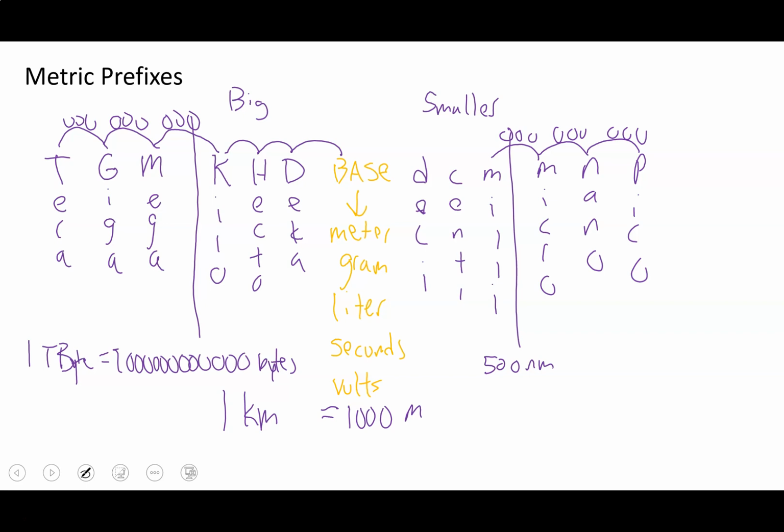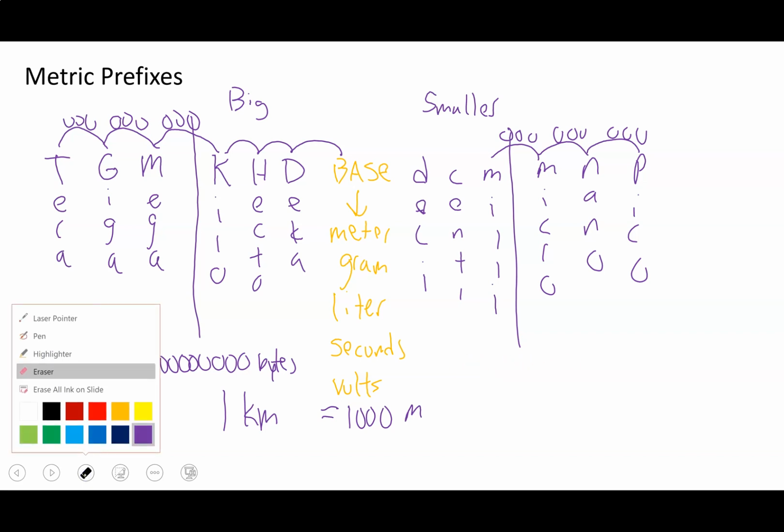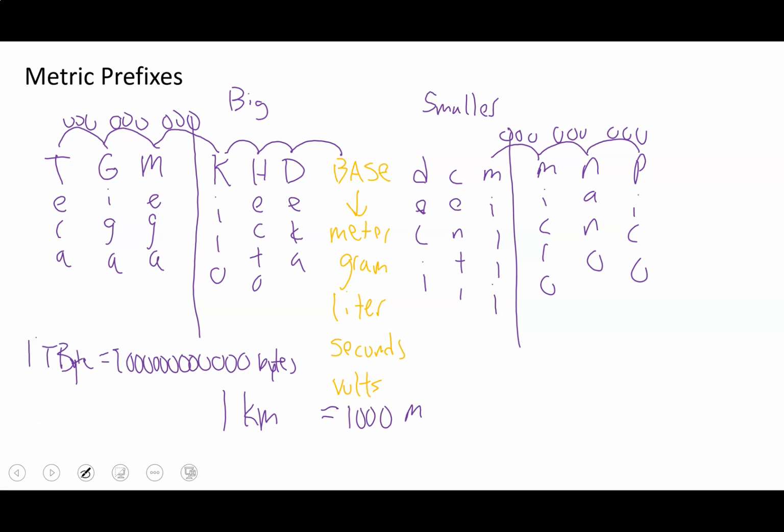Let's just talk in general terms first. If I'm looking at 1 meter, how many nanometers would that be?